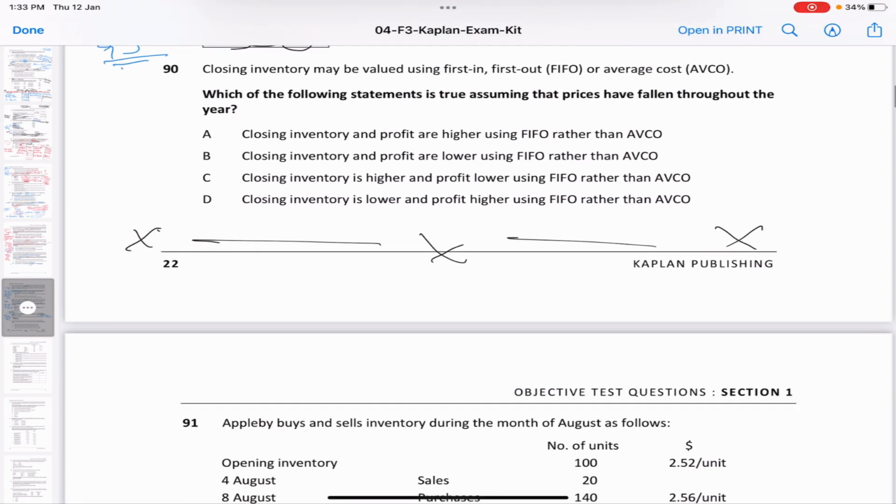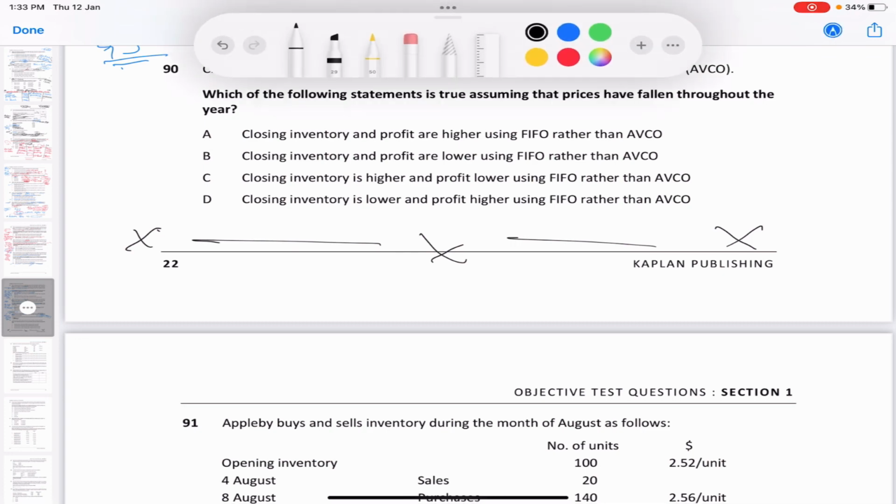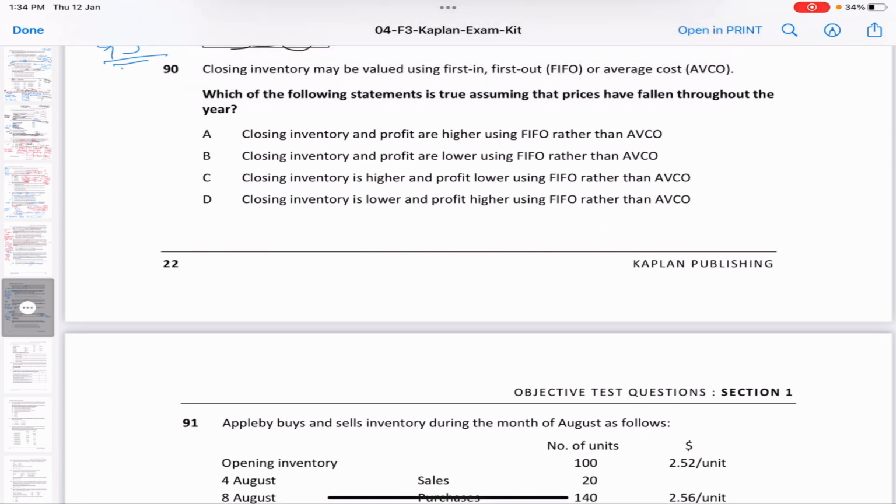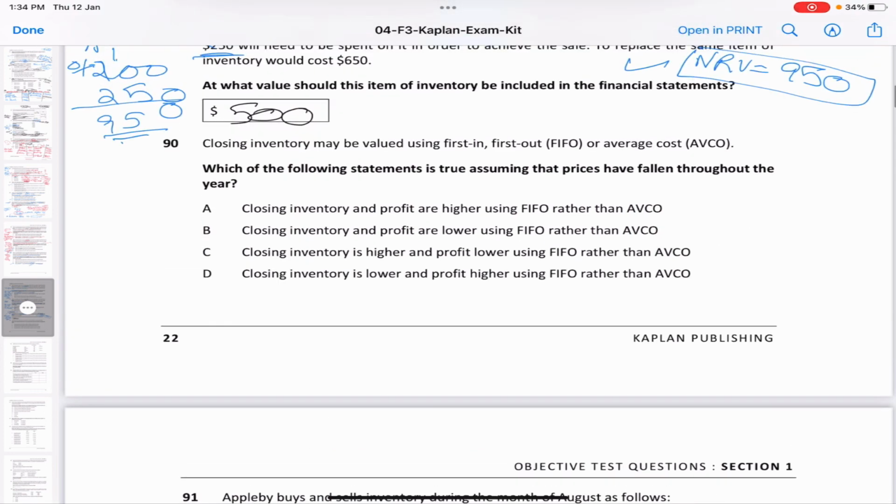Closing inventory may be valued using first in and first out method or average costing method, which is the AVCO. Which of the following statements is true, assuming that the prices have fallen throughout the year?